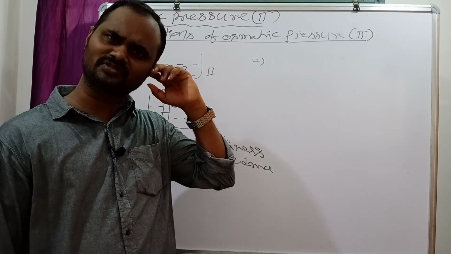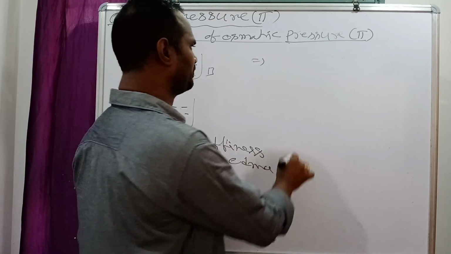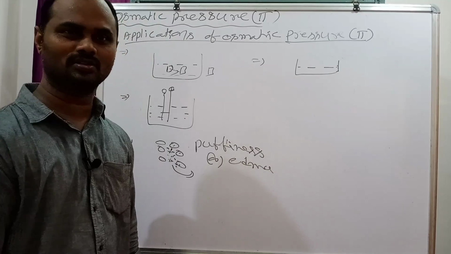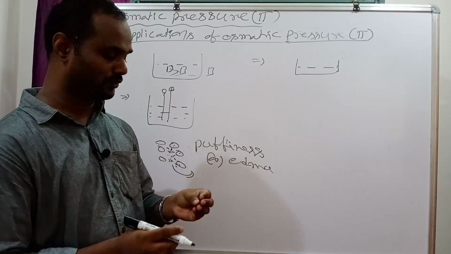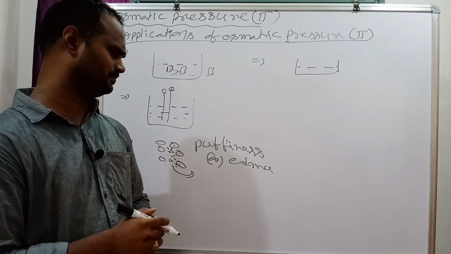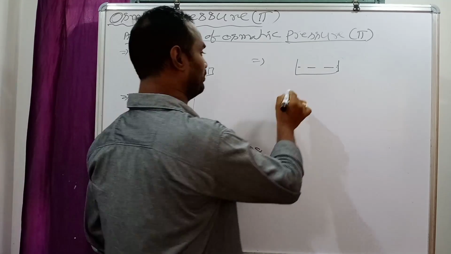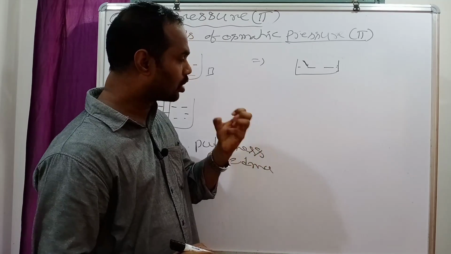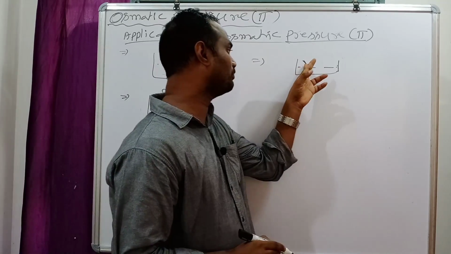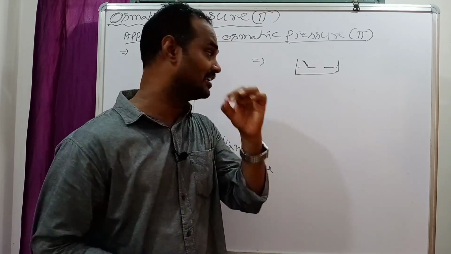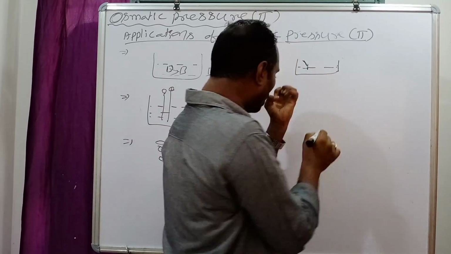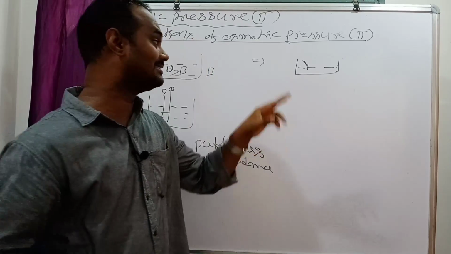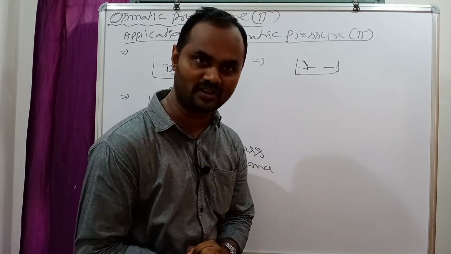Here, in the storage of sweets, the sweet's concentration is more. If some bacteria come onto the sweets, the sweet's concentration is more, but in the bacteria the concentration is less. That's why the sweet absorbs water from the bacteria, and the bacteria dry up and die on the surface of the sweets.